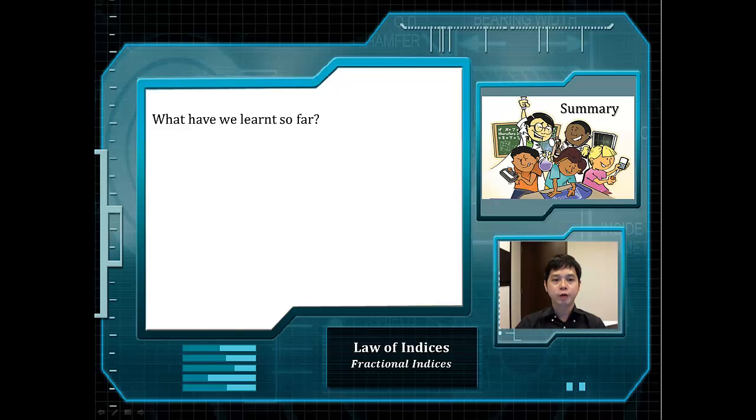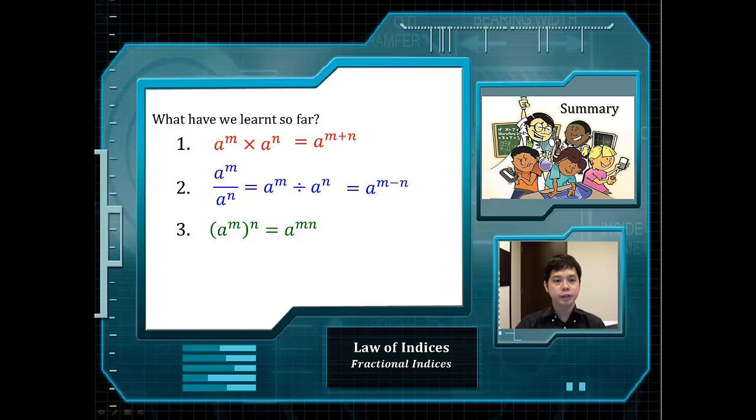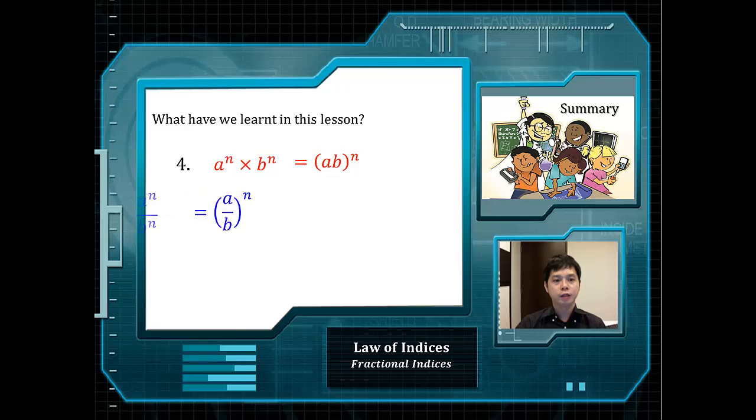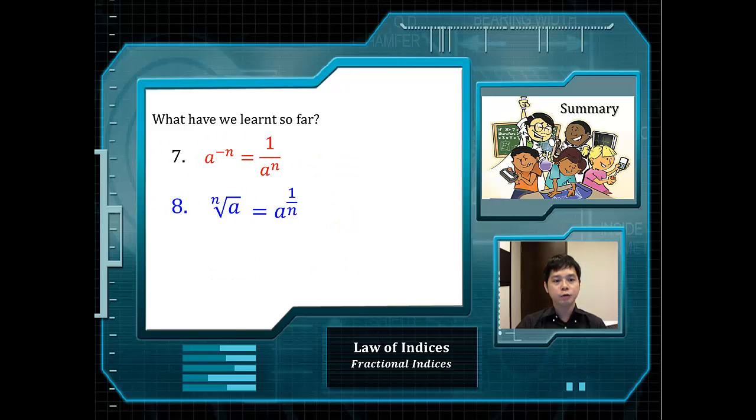Can you remember what we have learned so far? We have learned the first 3 laws of indices with the same bases. Then we learned the next 2 laws of indices with the same powers. And then the zero law of indices, the negative law of indices, and for today we learned how to convert from surd form to fractional indices or from fractional indices to surd form.